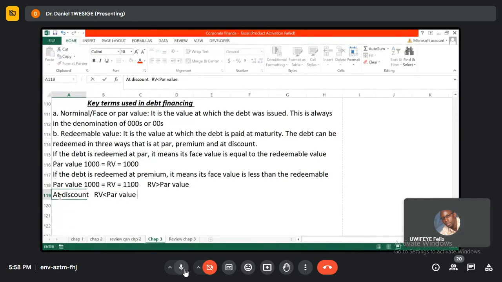So for example, if our par value is 1,000, then the redeemable value may be say 980, something like that. But it is below 1,000. So in that case, we say that the debt is redeemed at a discount.